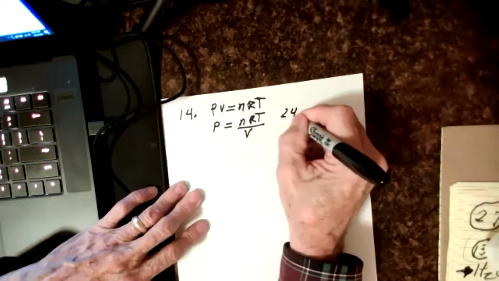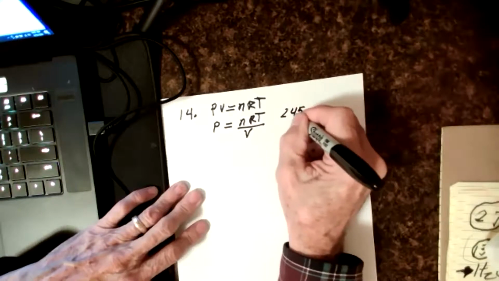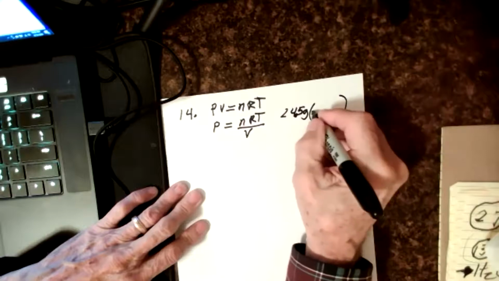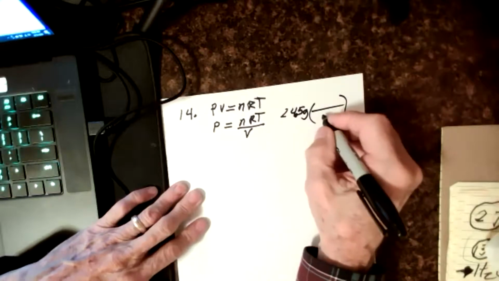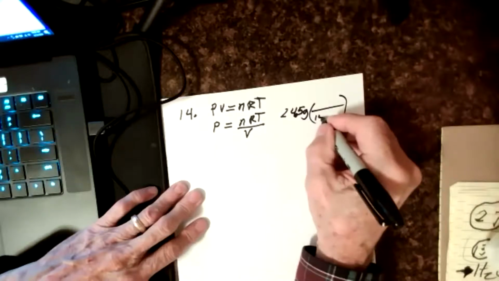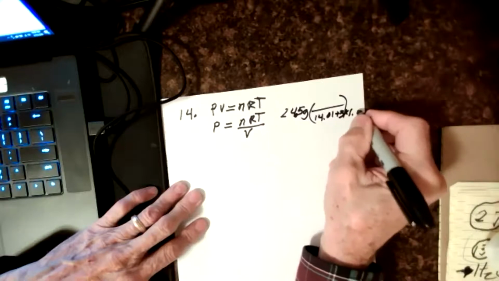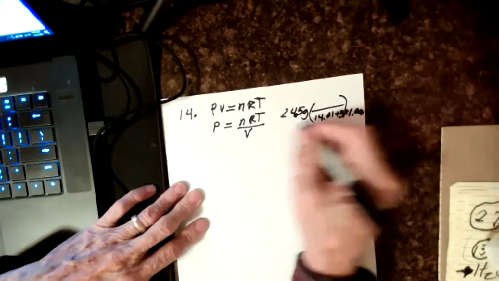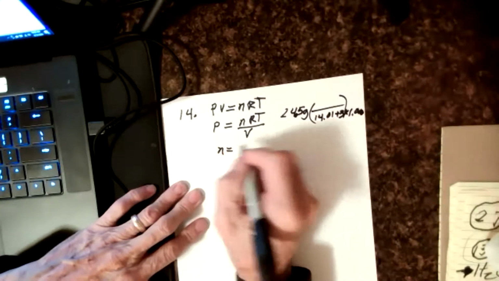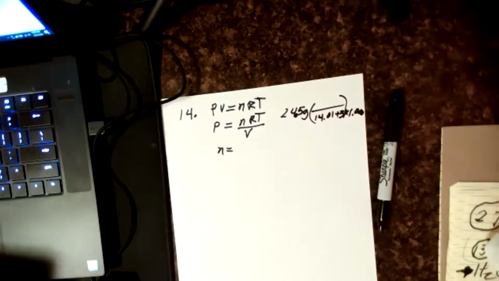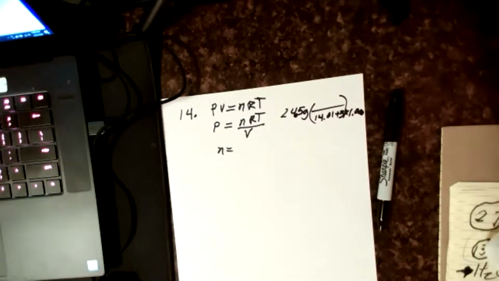We've got 24.5 grams of ammonia. We have to convert that to moles, so the molecular weight is 14.01 plus 3 times 1.008. It's going to be 24.5 divided by 14.01 plus 3 times 1.008.